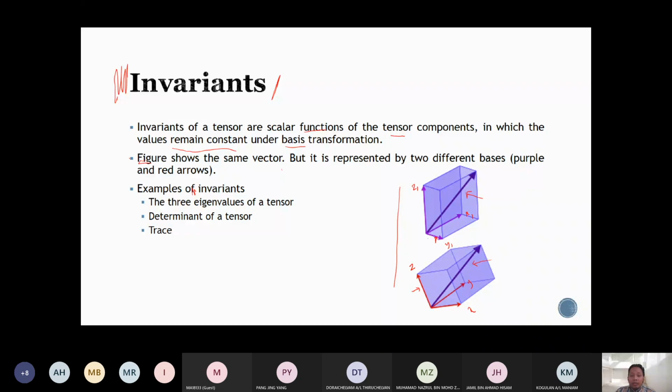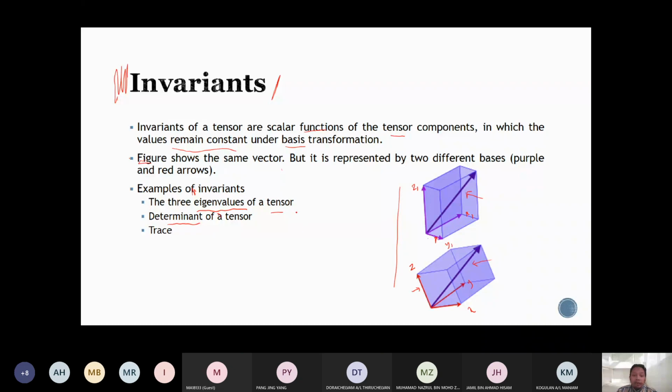So in a tensor, the invariants are, for example, the eigenvalues. The eigenvalues of a tensor are invariants, and the determinant of a tensor is also an invariant.